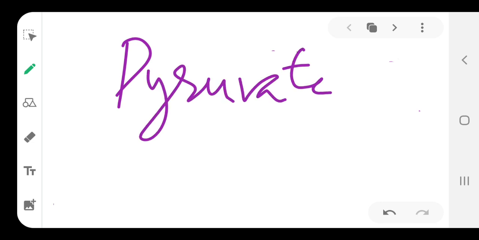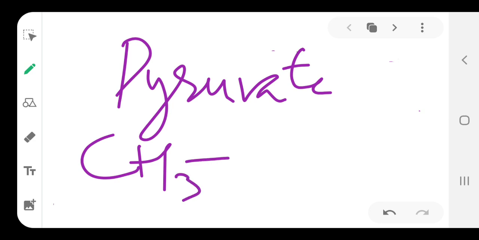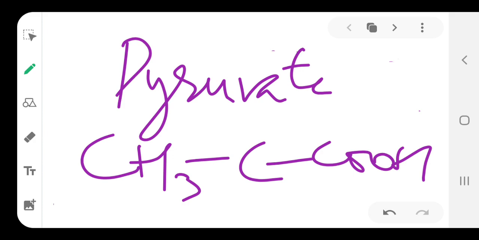The glucose, which is a 6 carbon molecule, is converted into a 3 carbon molecule called pyruvate. So write down the formula for this pyruvic acid or pyruvate: CH3, then COOH, and with C put an O with it. We study all this in chemistry in due course of time. For the time being, write the word pyruvate with the formula like that.